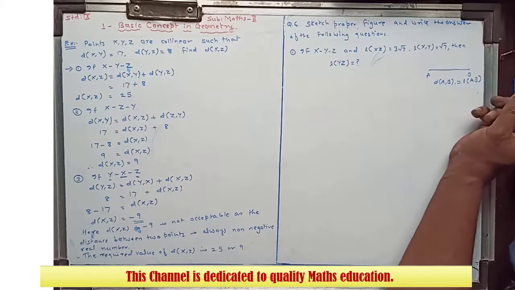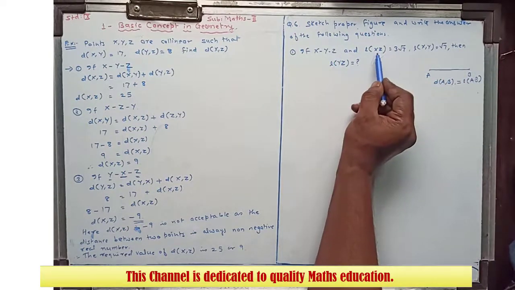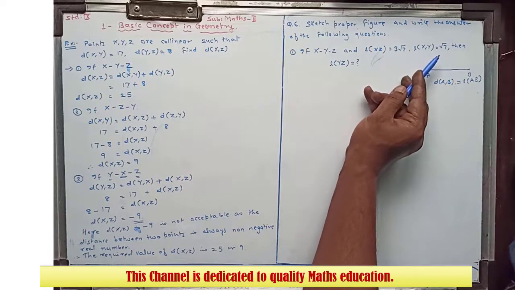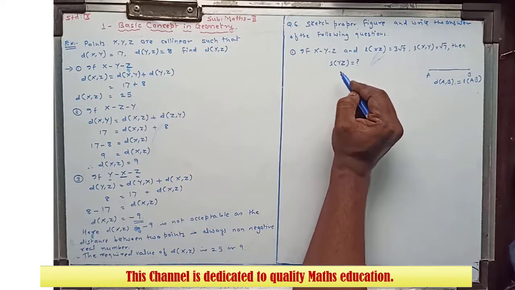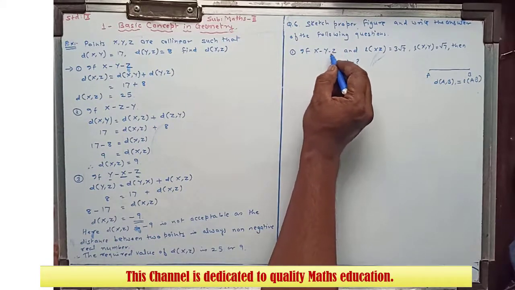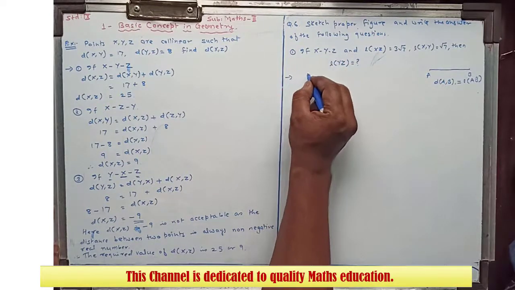Both values are same. Therefore here we took, if X, Y, Z are 3 collinear points, then length of XZ is equal to 3 root 7, length of XY is equal to root 7, then length of YZ is equal to how much? So by using that betweenness property, we start the solution like this.